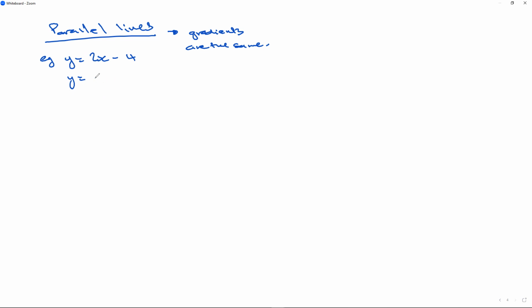But if it was 2x minus 5, then yes, those two lines are parallel. They have exactly the same gradient of 2 in each case.